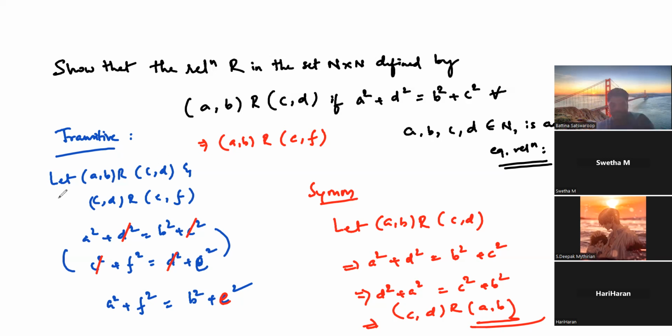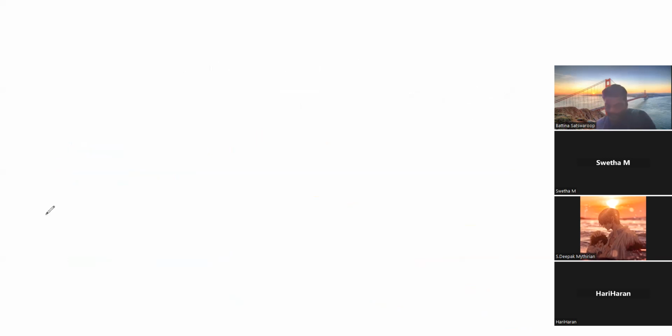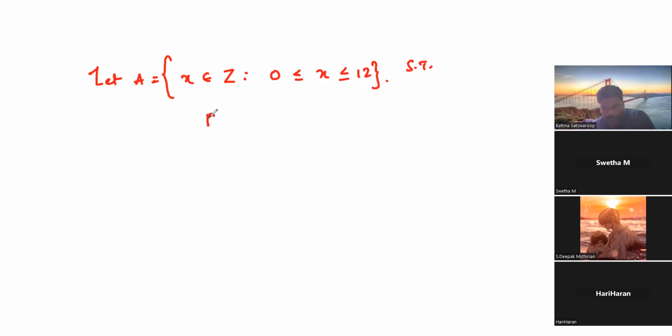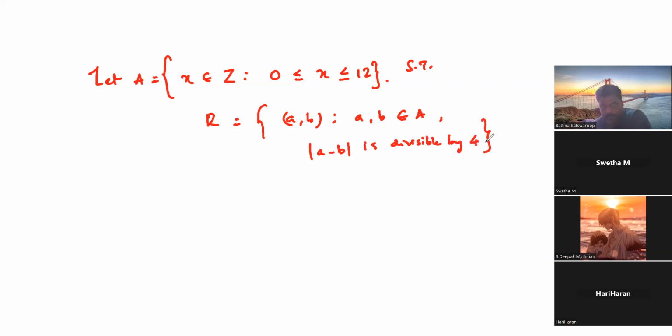Take down another question, one more question. Let A = {x belongs to Z such that 0 ≤ x ≤ 12}. They are asking you to show that R = {(a, b) such that (a, b) belongs to A and modulus of a minus b is divisible by 4} is an equivalence relation.